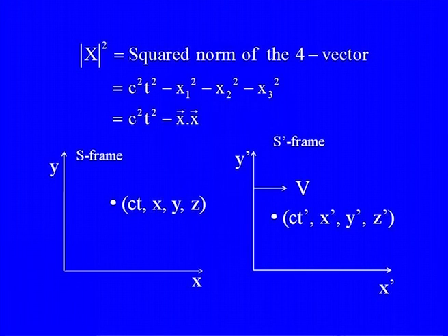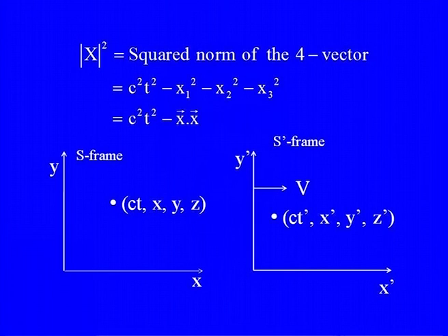So, what we have is that in the S frame, if we have a point which is denoted by one of these world space time events denoted by Ct, x, y, z, a certain event is occurring at a certain time in a certain position in space.